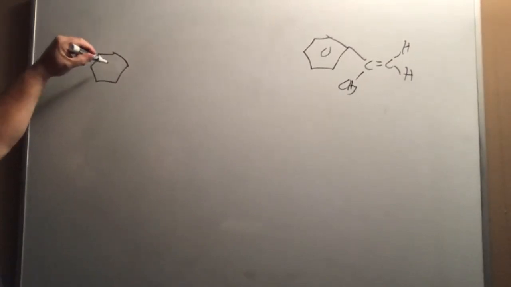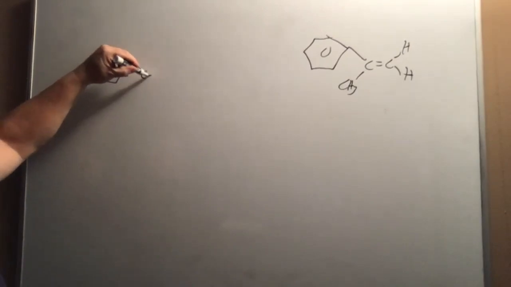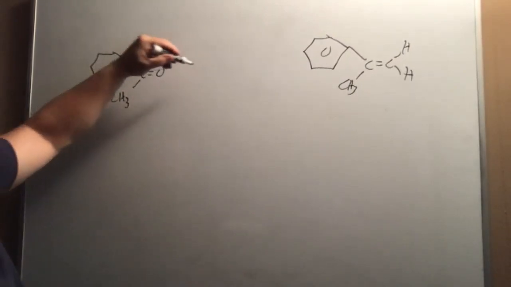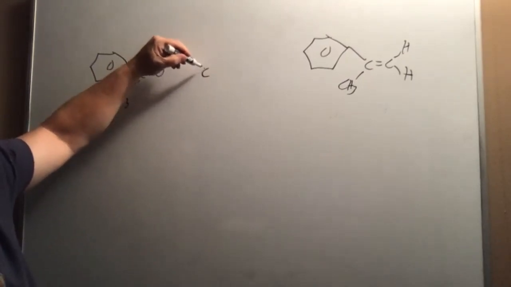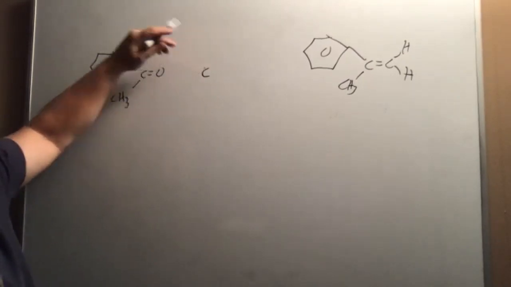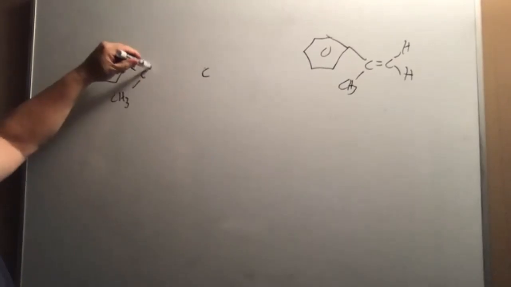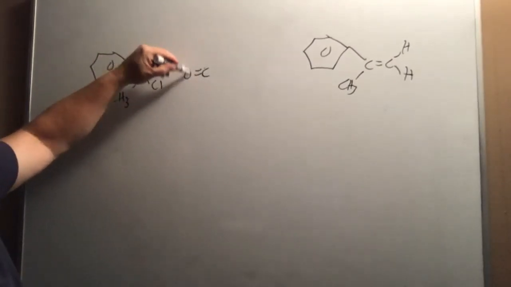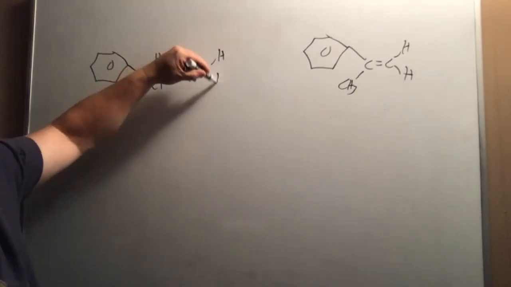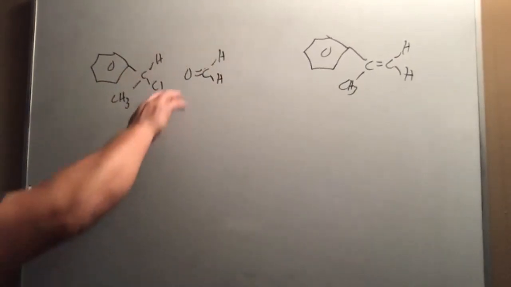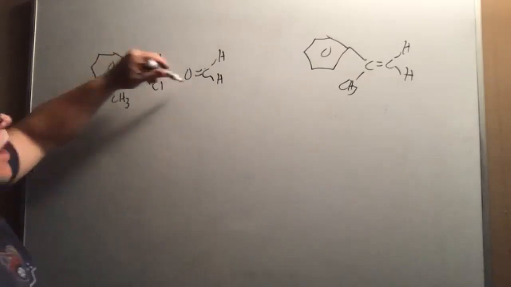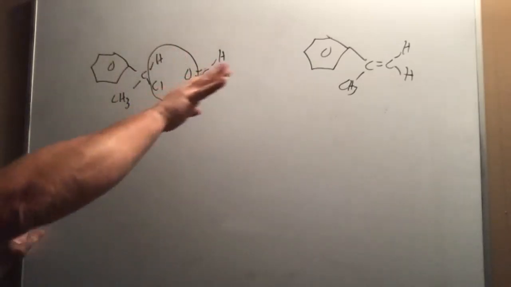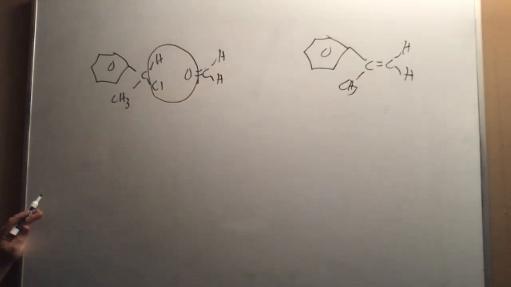Now, I'm just going to break it apart first. So if I took this piece and then, let's see, the way I've been doing this is I put the H and the Cl here, and this is my ketone. Do you agree that if I remove those atoms, I would get that product?